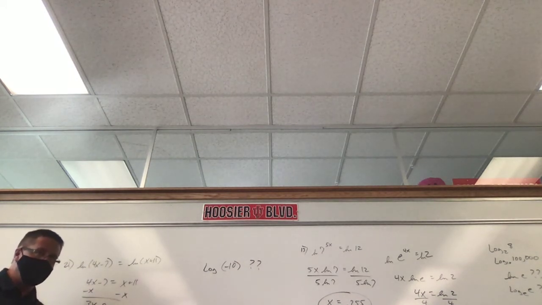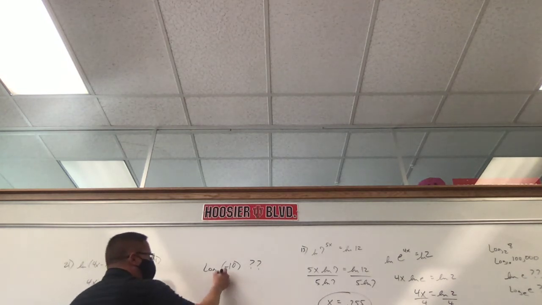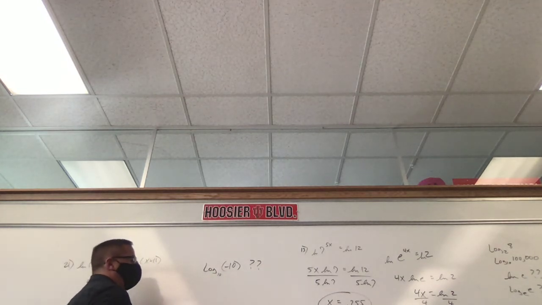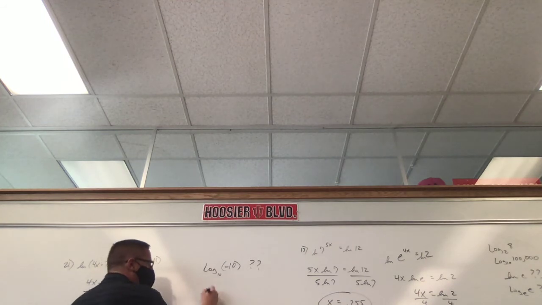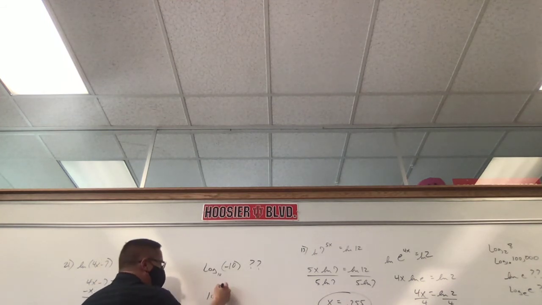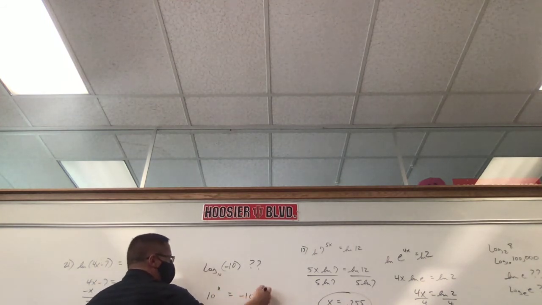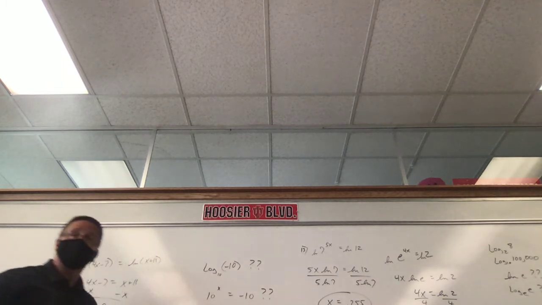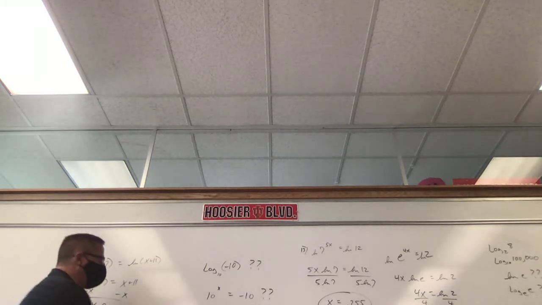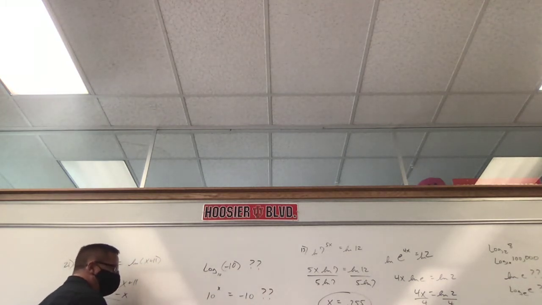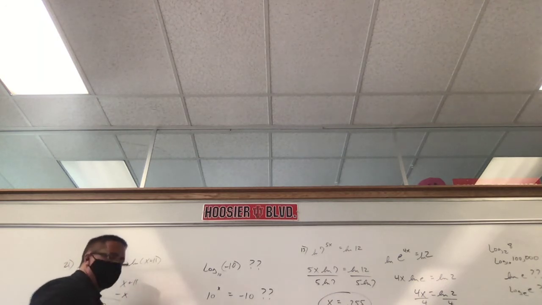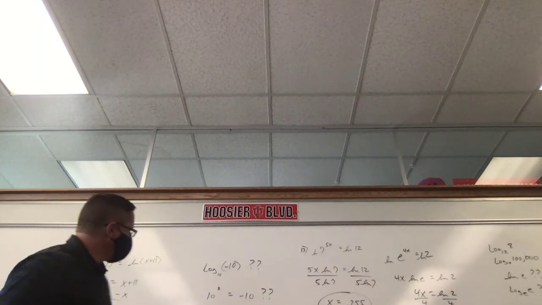Here's why. My base right here is 10. If I wrote this without logs, it'd be 10 to some power equals negative 10. You might be tempted to say the answer is negative 1. No, it's not. 10 to the negative 1 is not negative 10, it's 1 over 10. Just watch right here.